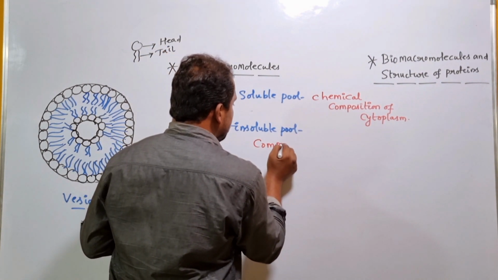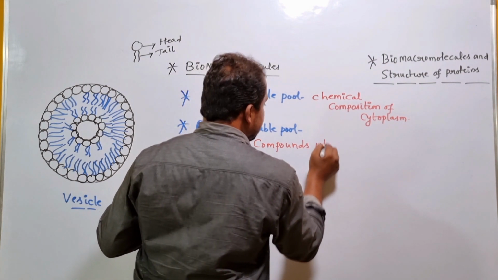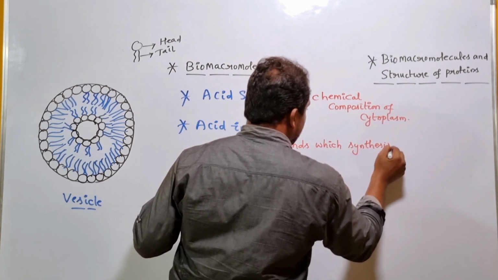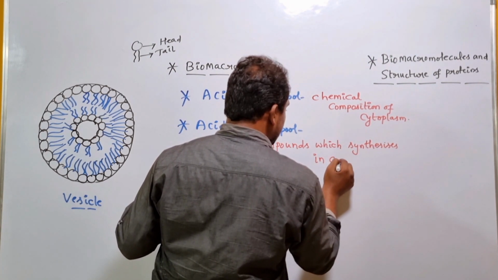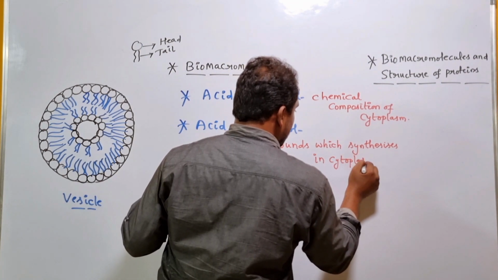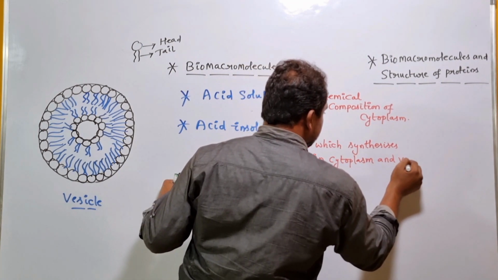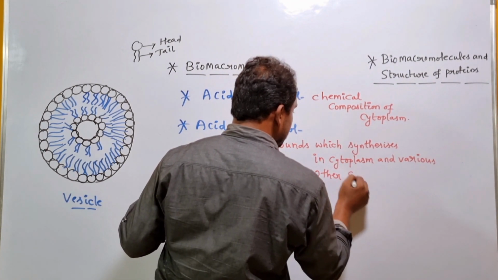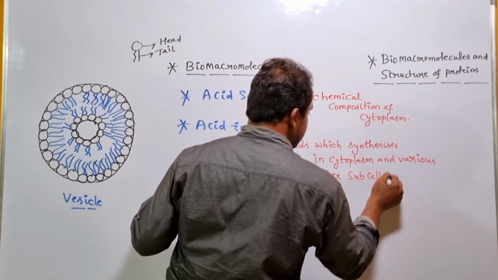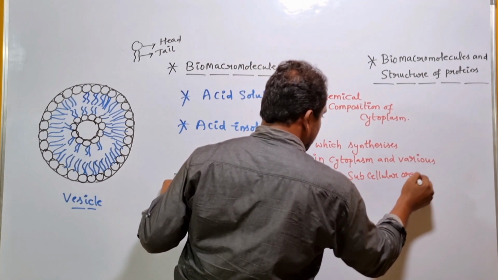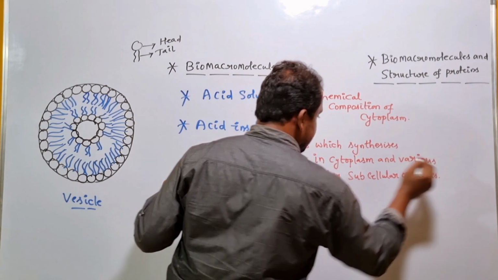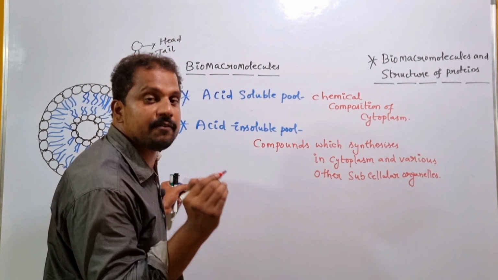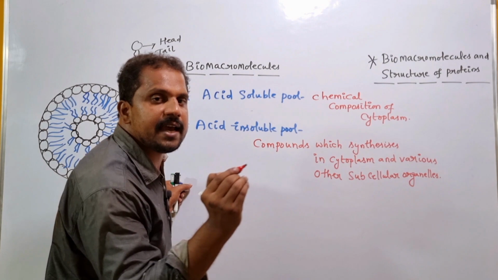Compounds which are synthesized in the cytoplasm and various other subcellular organelles. Is it clear? So the chemical composition of the living tissue is an aggregation of both the acid soluble pool and the acid insoluble pool.